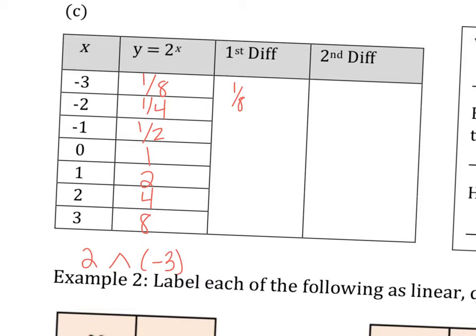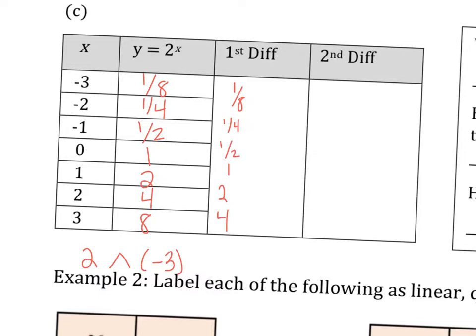And 1/4 minus 1/2, which is 1/4. 1/2 minus 1 is 1/2. 1 minus 2 is 1. The differences then go up 2, and then up 4. So we kind of see a pattern, but it's not consistent. So it's definitely not linear.